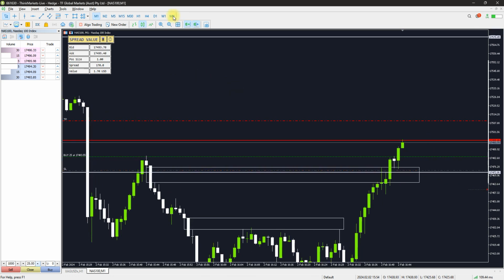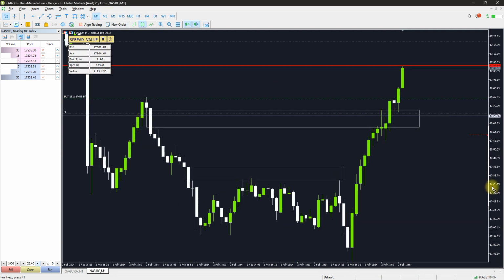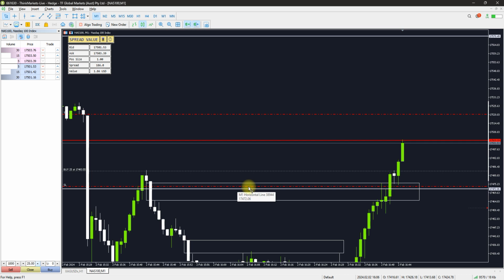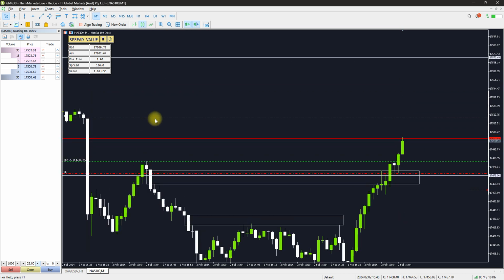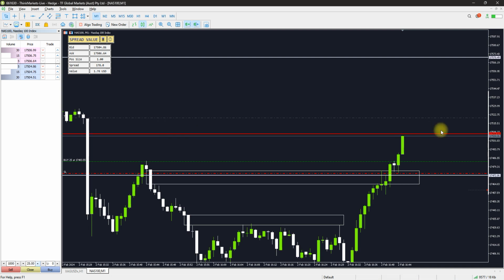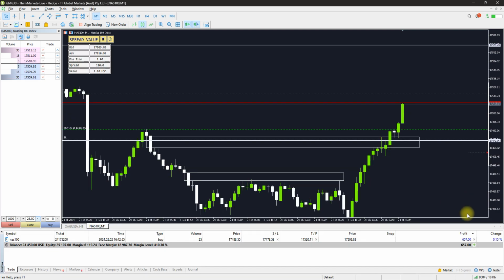This is crazy. Let's go to the 1 hour chart real quick. Let's see if we could get 1,000 out of this. Oh boy. This is $914. Up 669.